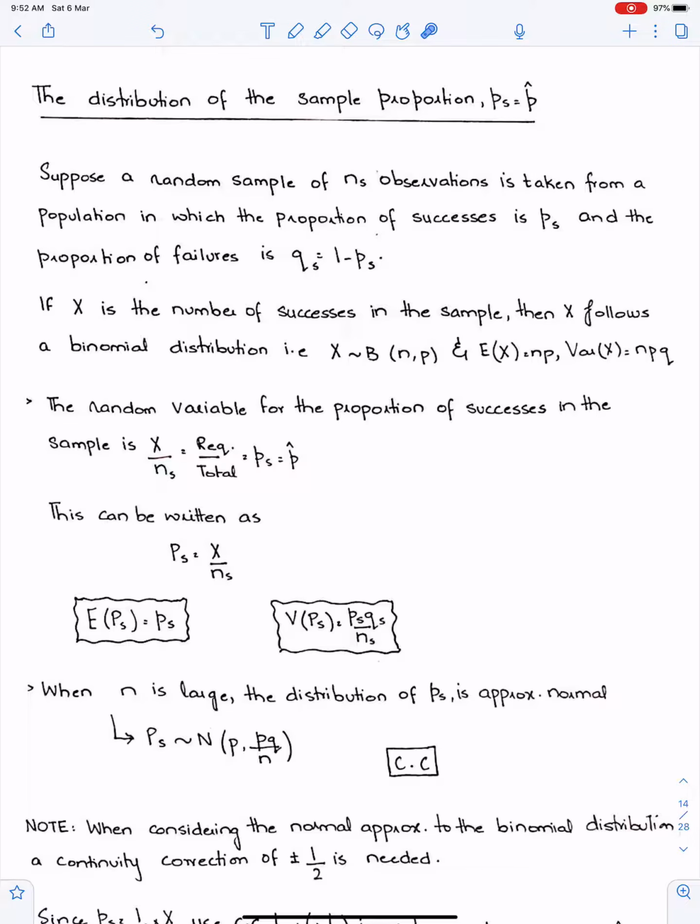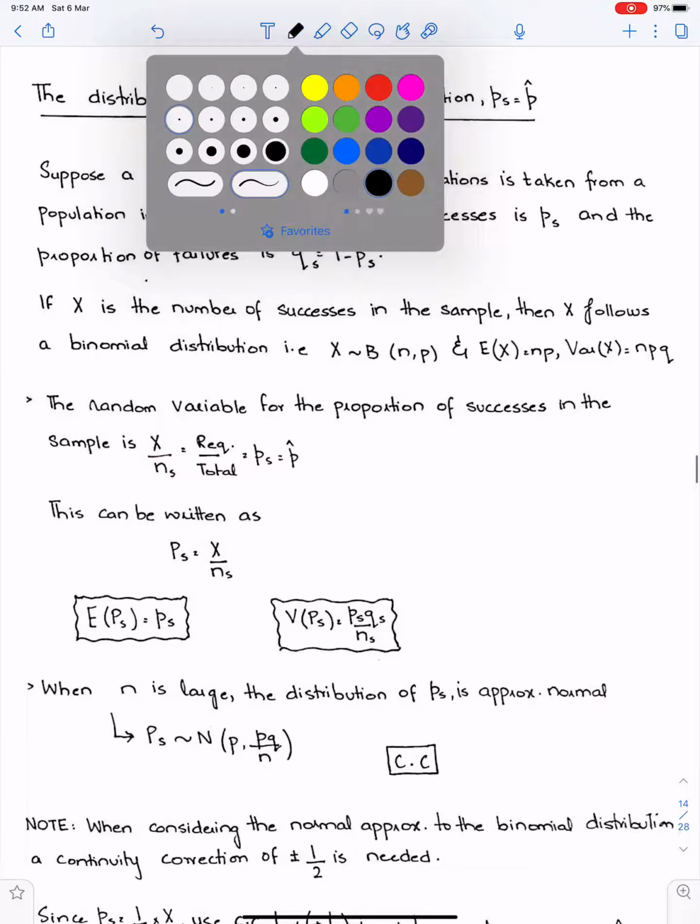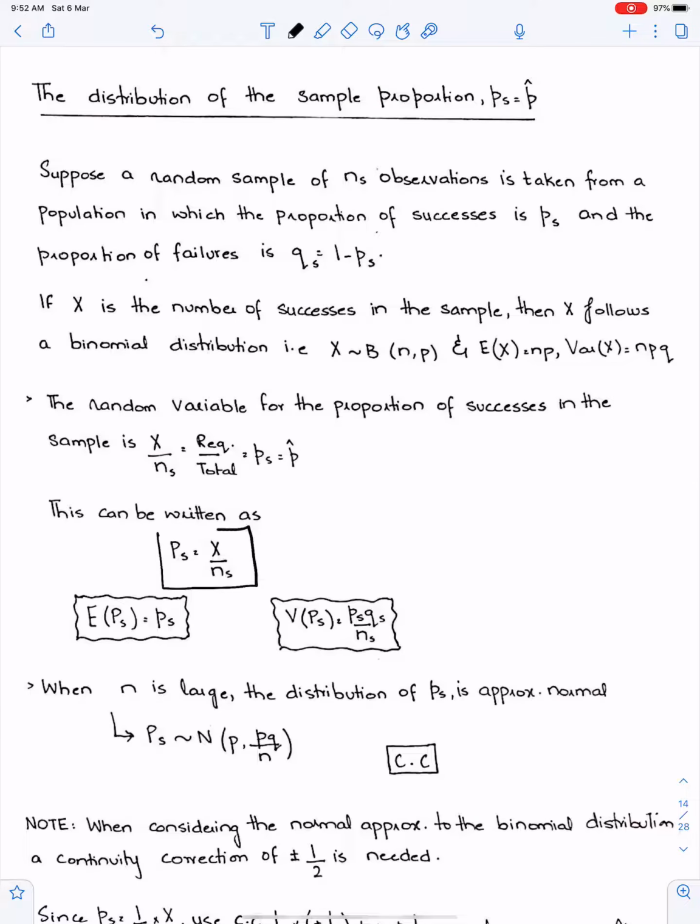And the mean, the expectation of PS, is PS, and the variance of PS is PS QS over NS. You need to learn these two formulas. In fact, you need to learn this formula as well. So make sure you learn three formulas. This one, and this one.